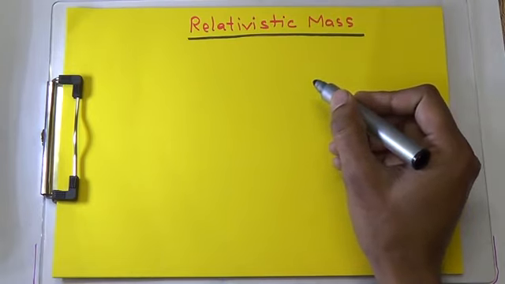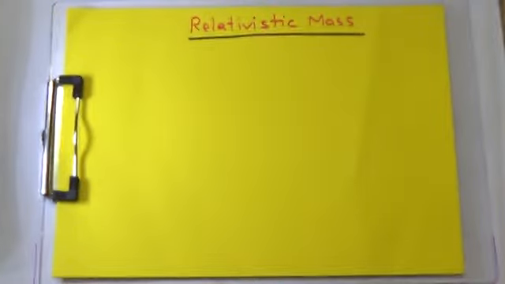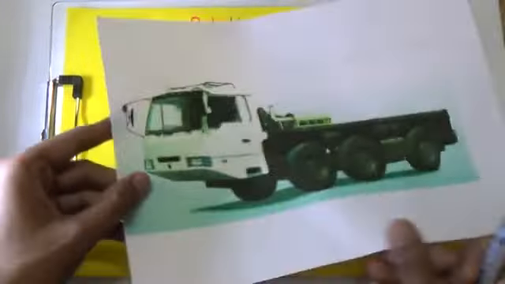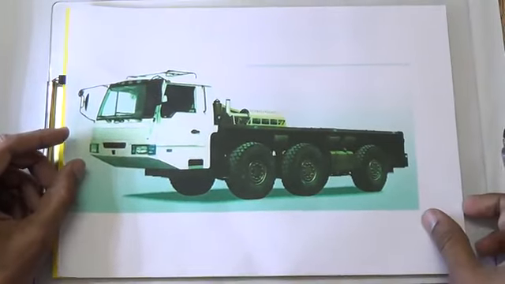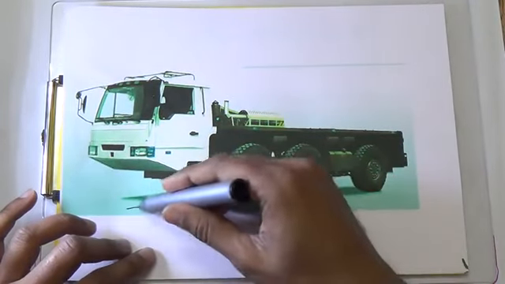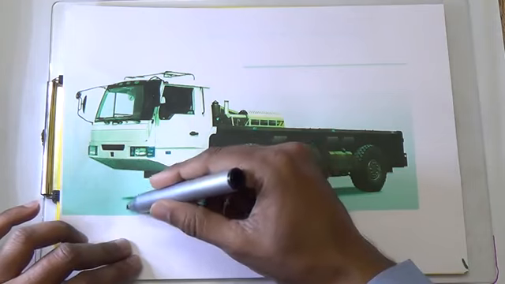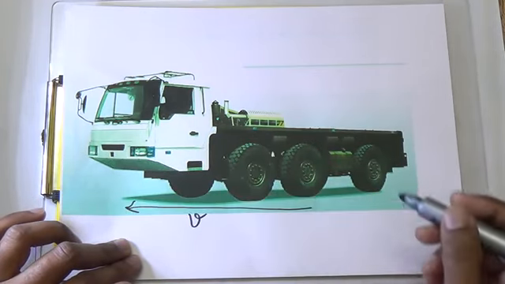For this relativistic mass, we can imagine a physical situation in which we have a moving object, this truck moving in this particular direction with the velocity v.